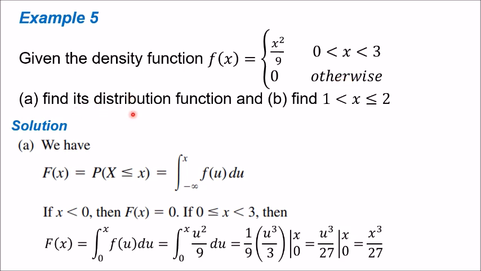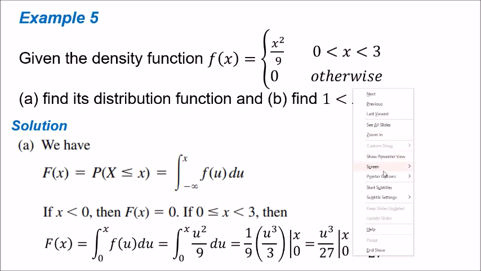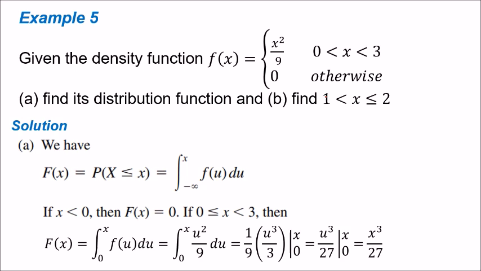A, find its distribution function, and B, find the probability that x is between 1 and 2. It seems something is missing, so let us correct it. It should be: find the probability that x is between 1 and up to 2.